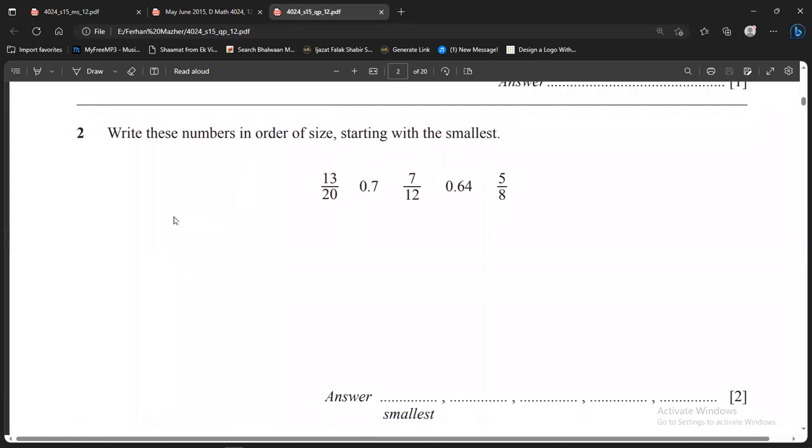Question number 2, he says, write these numbers in order of size, starting with the smallest. We have 13 by 20, 0.7, 7 by 12, 0.64, 5 by 8.